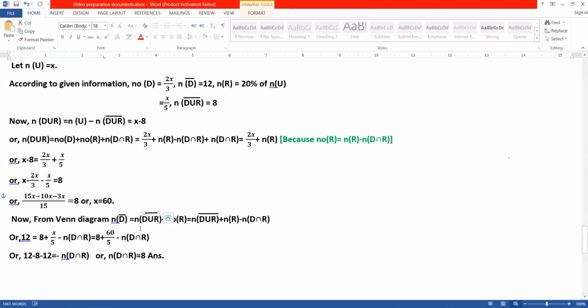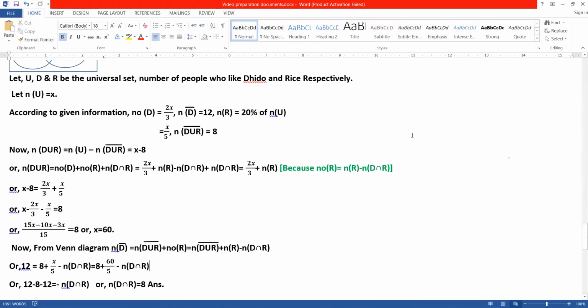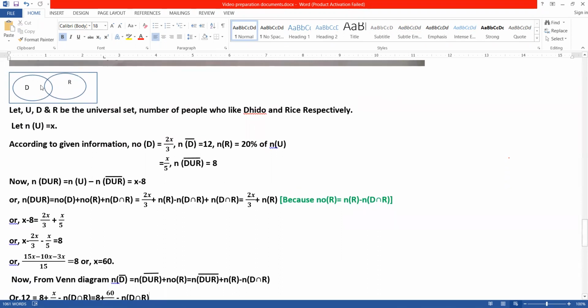You can see here from the Venn diagram that it definitely satisfies this relation: n(D bar), which is except D, means the outside part except D. So what will be the remaining part except D? If you deduct the area of set D from this whole rectangle, then what you will get? Outside plus only R.